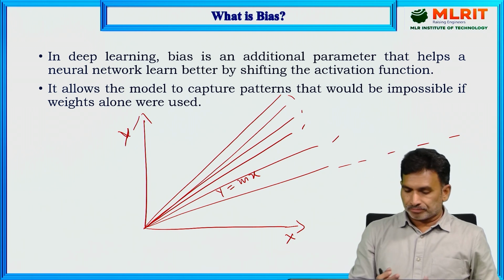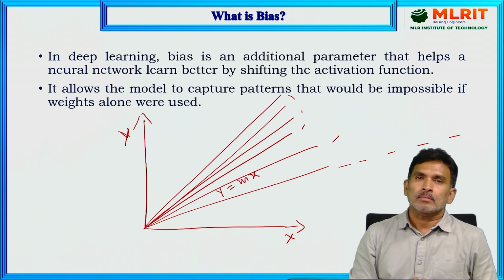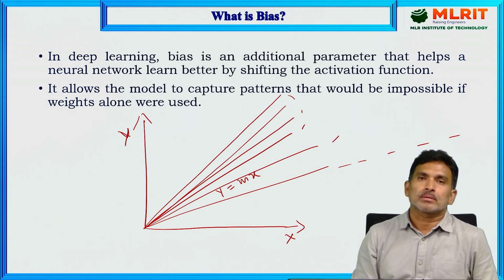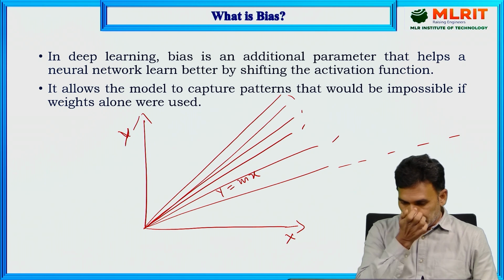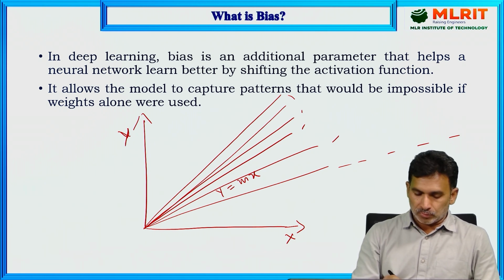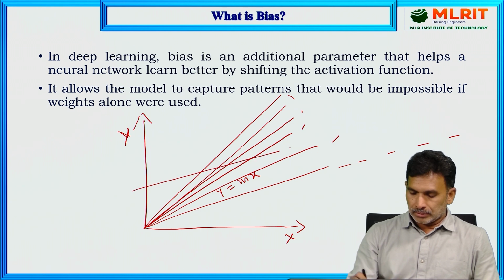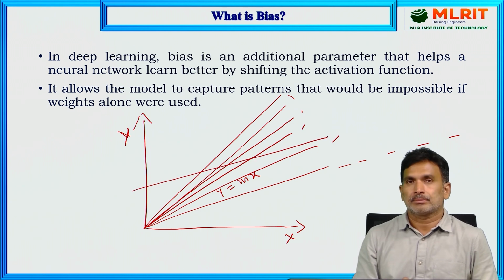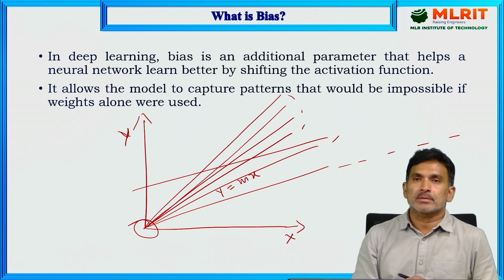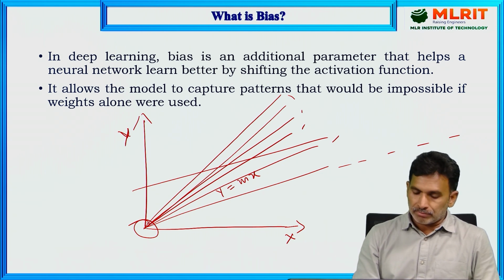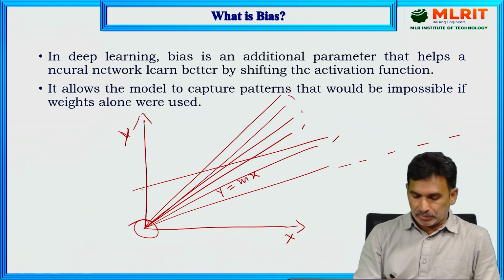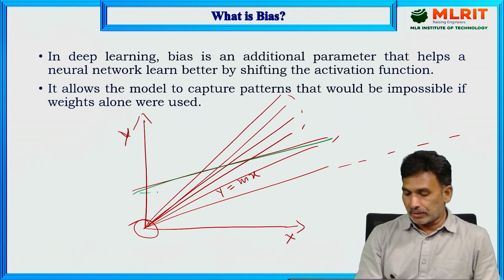So how can we extend this to capture more complex patterns? Suppose this is the correlation I want to capture, but here I cannot change the y-intercept. If I change the y-intercept, I can identify the relationship which is like this, and even like this.